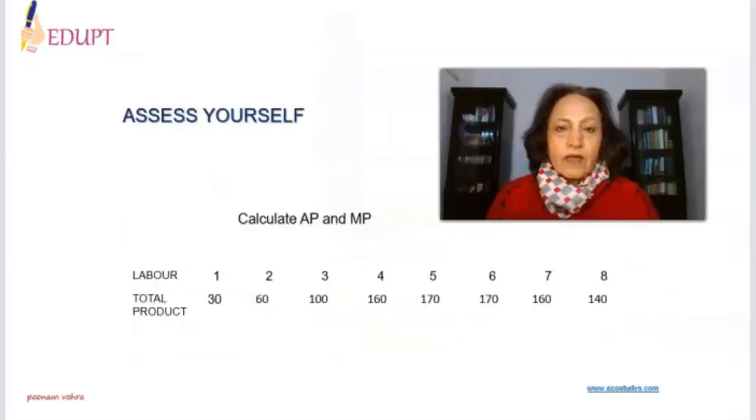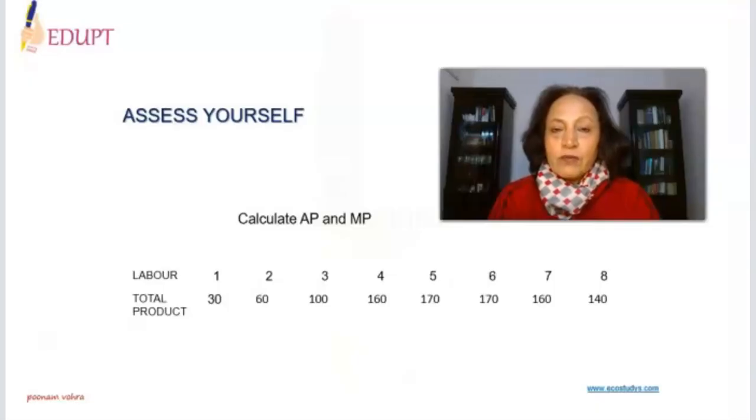Now this is a numerical question where you have been given the units of labor, that is variable factor, and total product. When one labor is employed, total product was 30. When 2 units of labor were employed, total product increased to 60. With the third labor, it increases to 100.